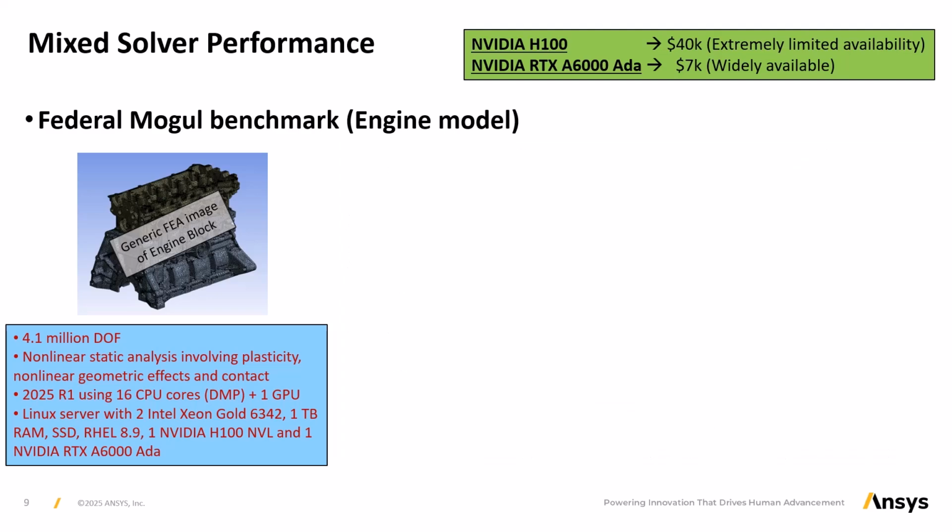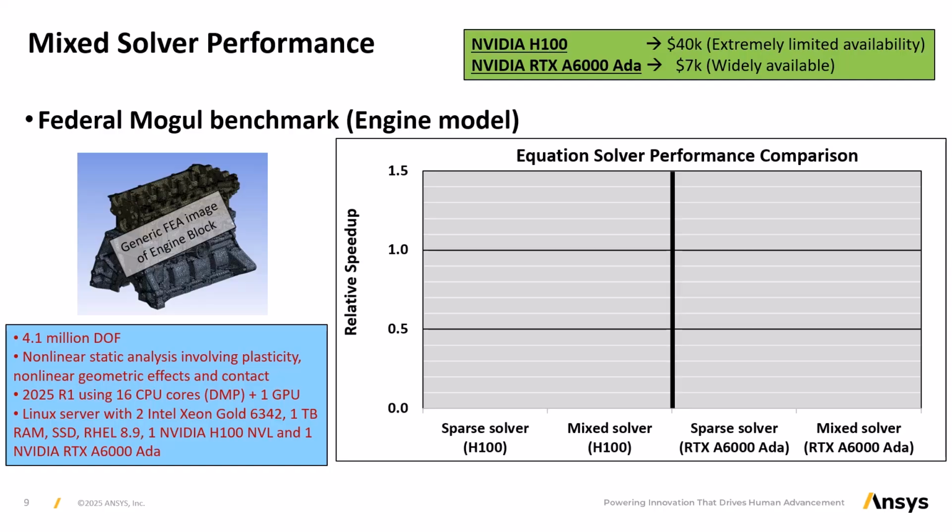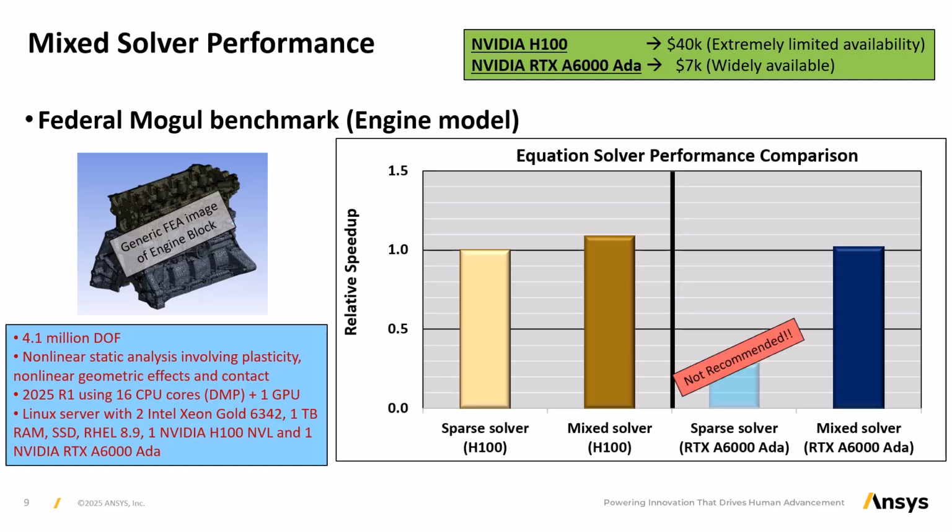With the same benchmark, we also compared the results of the mixed solver and the existing sparse direct solver on both GPU cards. And for the H100, which is the more expensive data center card, the sparse solver performs approximately the same as the mixed solver.